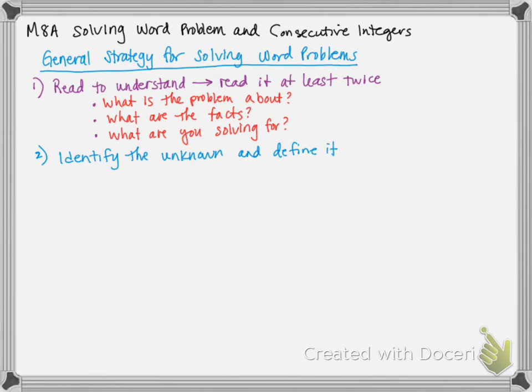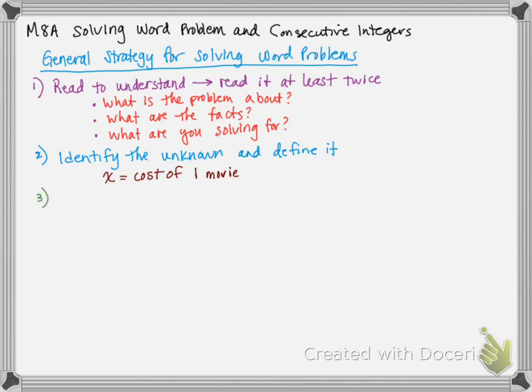So I'm solving for the cost of one movie. And so I'm going to choose a variable, and I'm going to say it represents the cost of one movie. Okay?